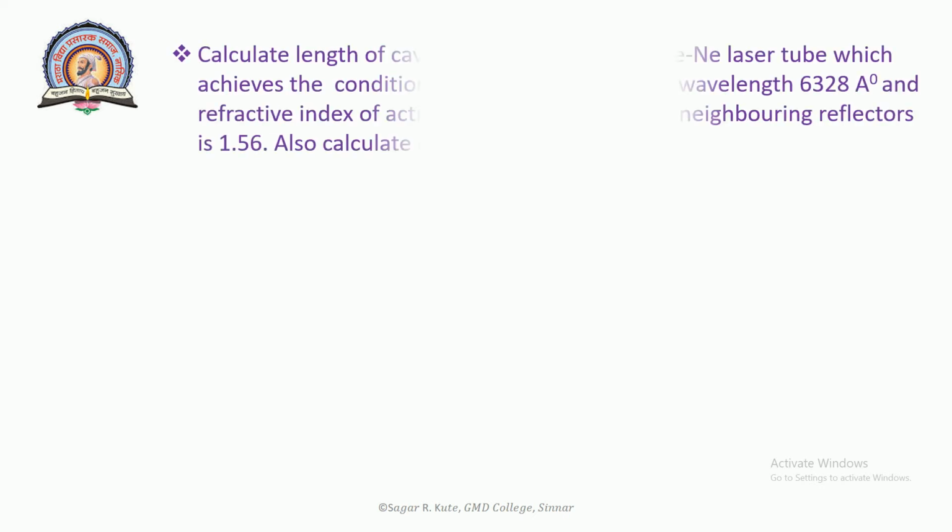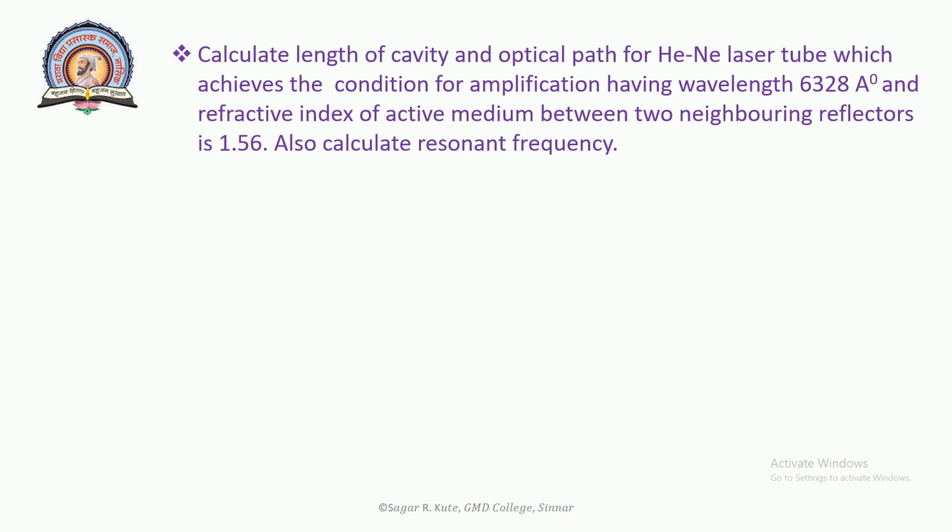Now, second numerical, calculate length of cavity and optical path for laser for helium neon laser tube which achieve the condition for amplification having wavelength 6328 angstrom and refractive index of active medium between two neighboring reflector is 1.56. Also calculate resonant frequency.